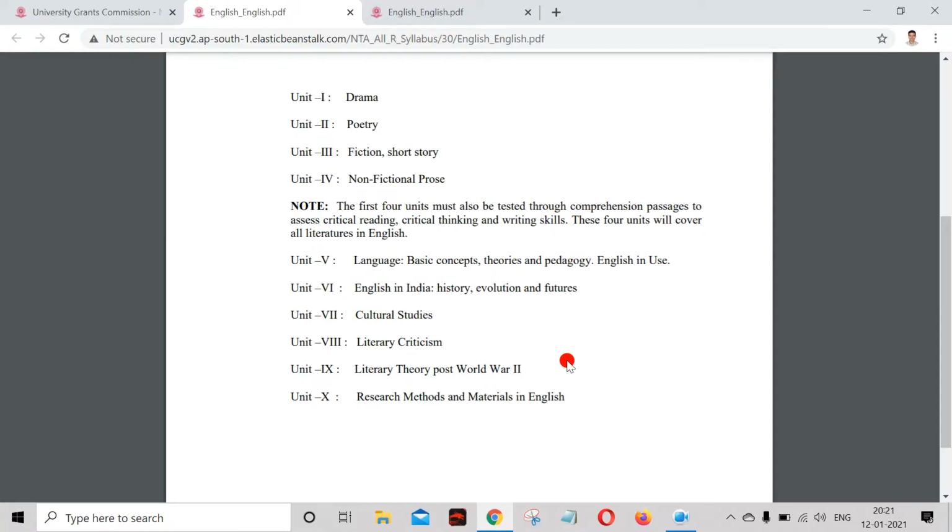Next, dear students, you have unit number 7, cultural studies. Now this is completely an interdisciplinary area. You will see this area in many streams, basically attached to the humanities. You will find it in sociology, in psychology, in many areas of humanities, but especially it is introduced to you in English literature, cultural studies.